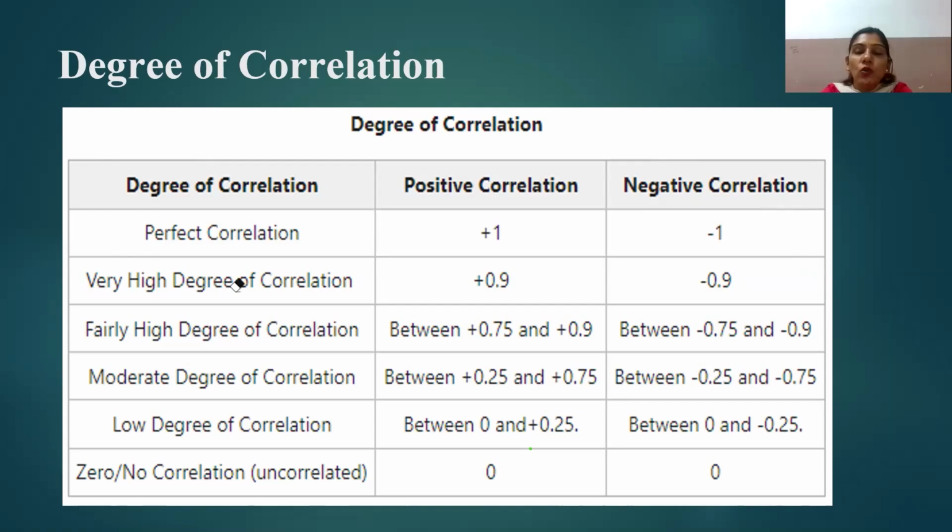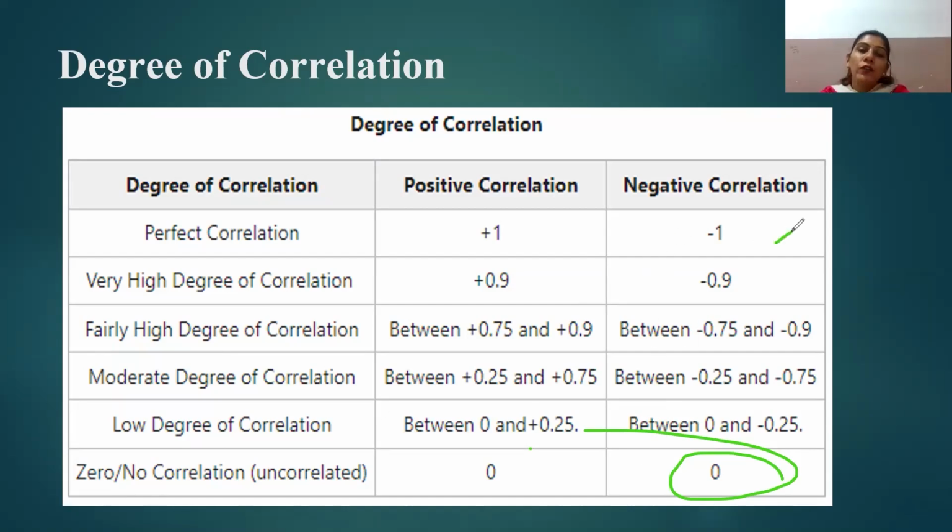In such a case, the coefficient of correlation will be 0. The coefficient of correlation will be 0 when there is no relationship among the two variables; with the change in one variable, the other variable is not affected.